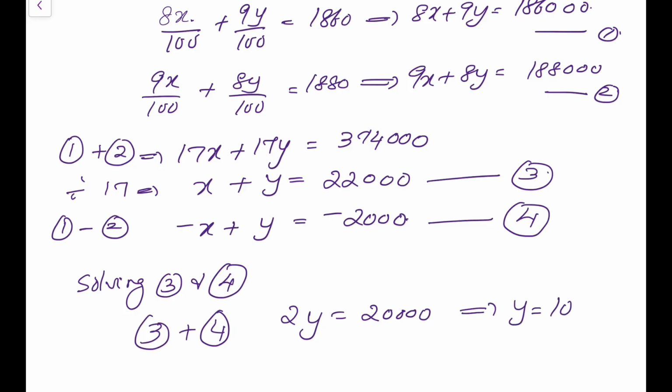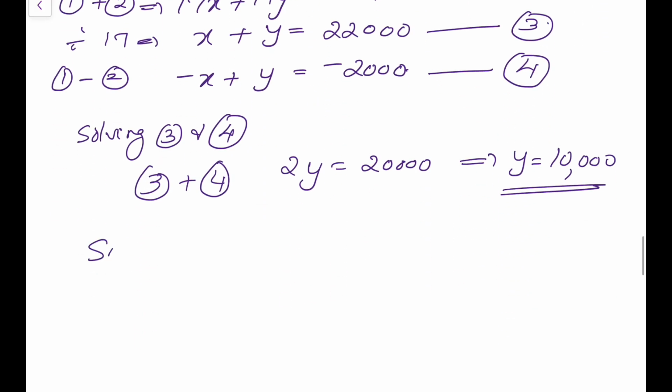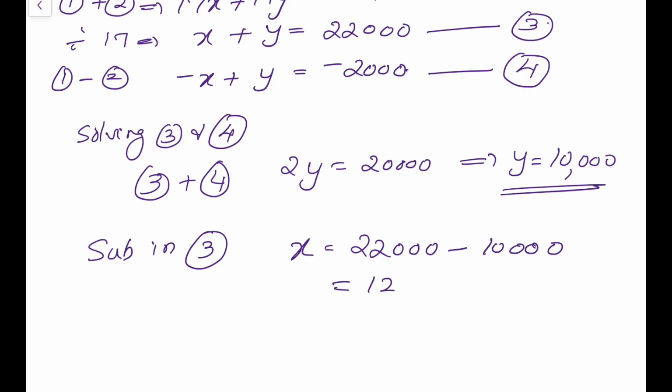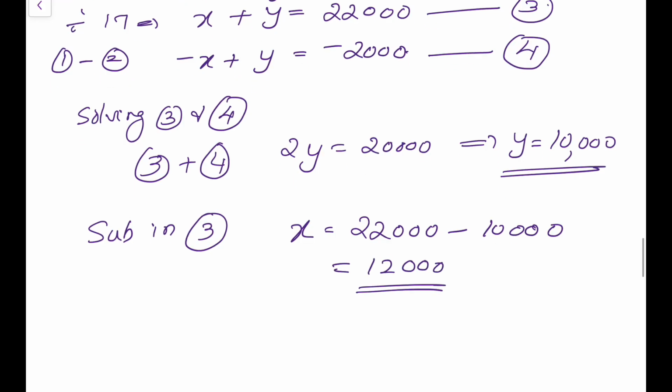So y equal to 10,000. Substitute in equation 3. You will get x is equal to 22,000 minus 10,000 equal to 12,000.